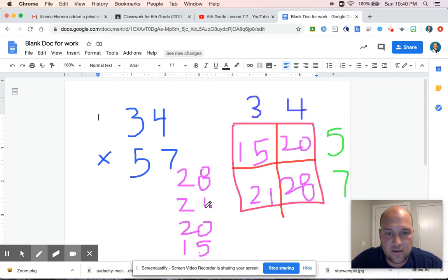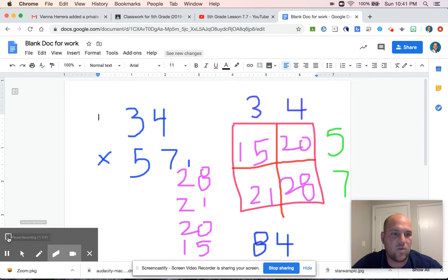It's not letting me scroll down, so I'll do the rest of my math over here. 8 plus 1 is 9, plus another 5 is 14. So I got my 4, and then I got to remember to carry that 1. Then I got 2 plus 2 plus 2 plus 1, plus another 2. 2, 4, 6, 7, 8. 84. Done.